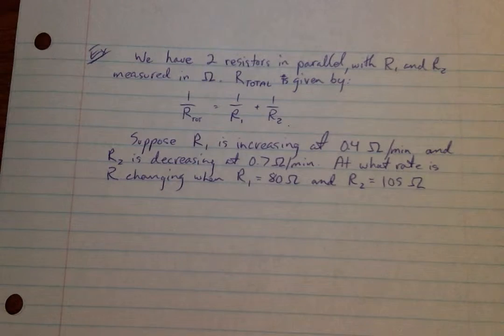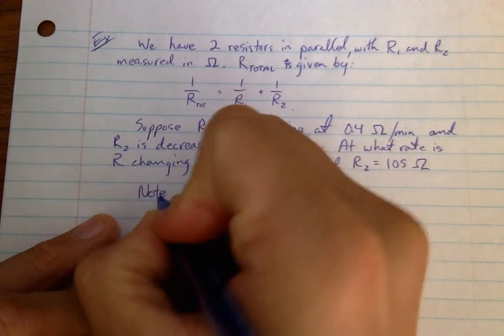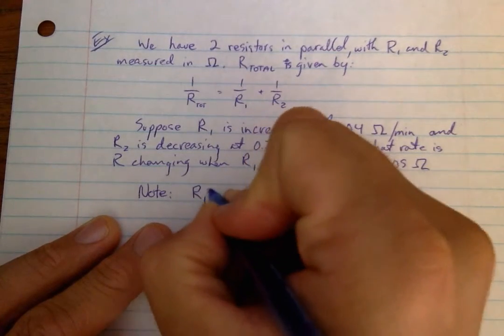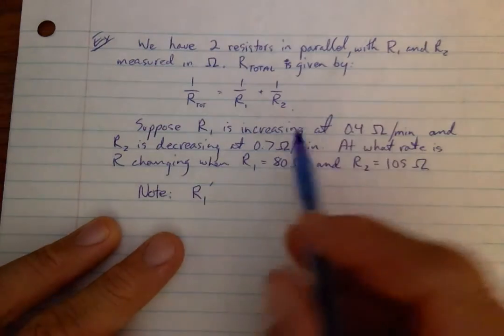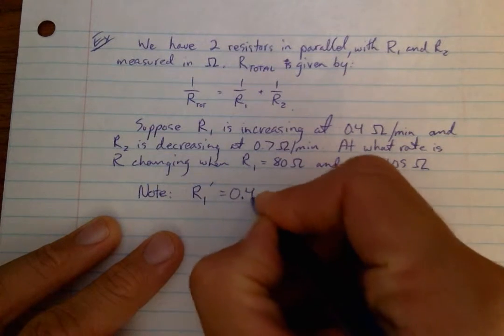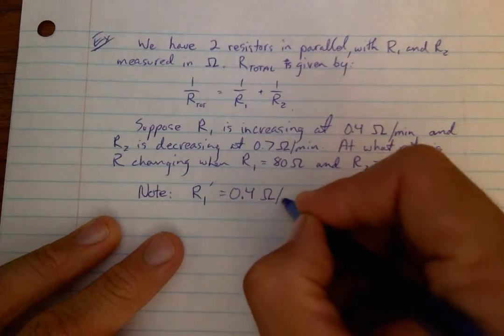Let's see. First thing to note here is that R1 prime, that's the rate at which R1 is increasing, is 0.4 ohms per minute.